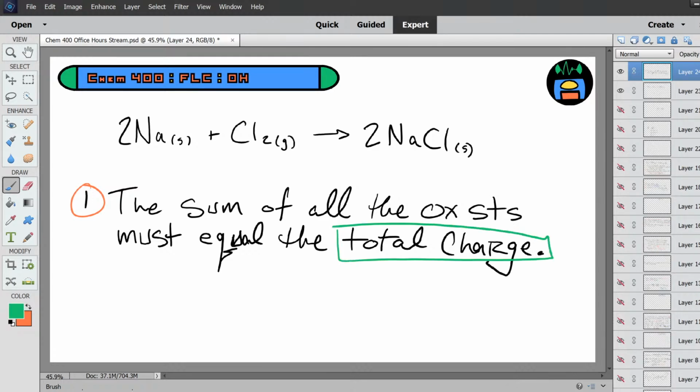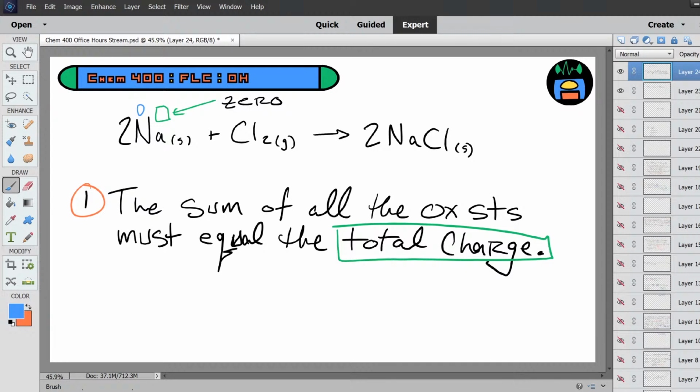So if you look at the total charge on sodium when it's here by itself, it's 0. That means that sodium must have an oxidation state of 0.